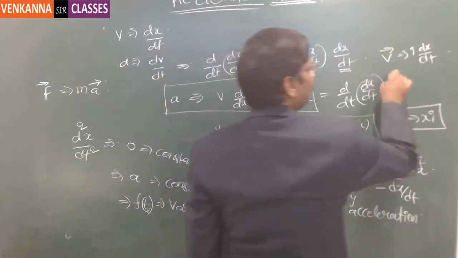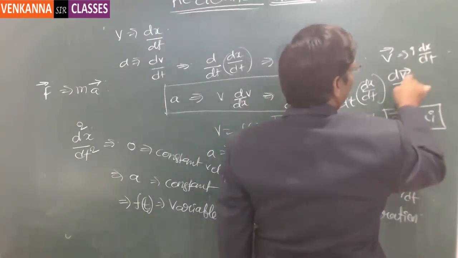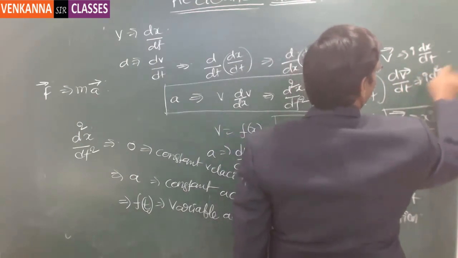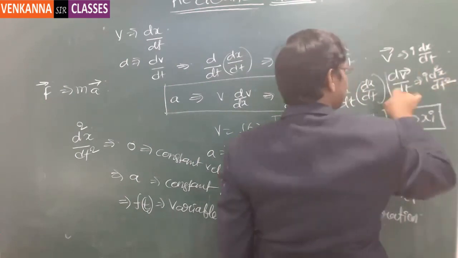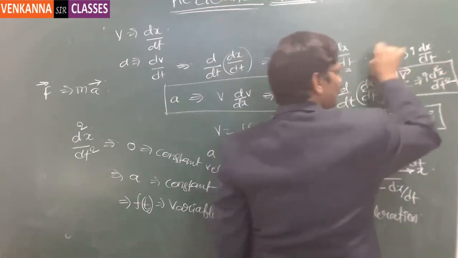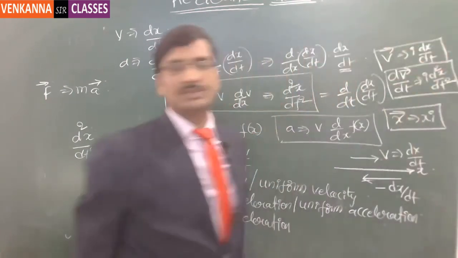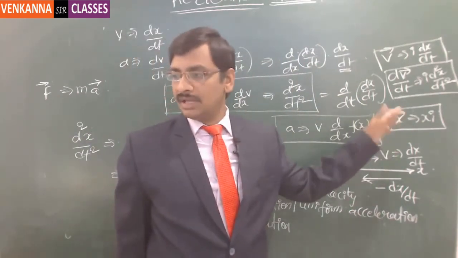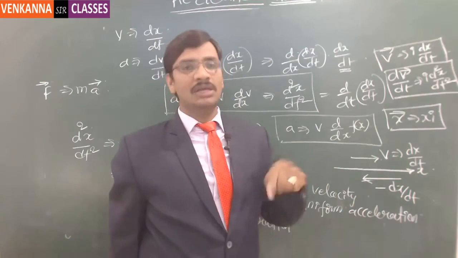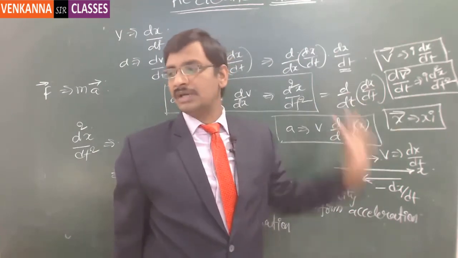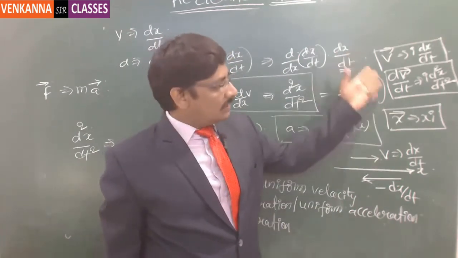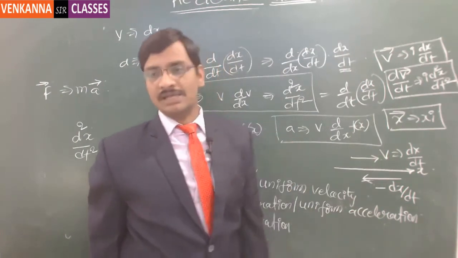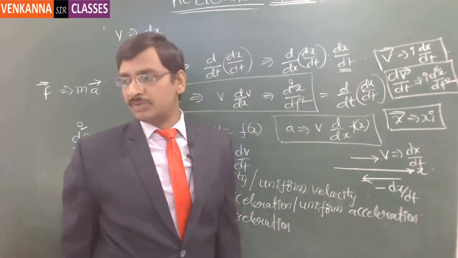If you take the derivative again, this is i into d square x by dt square. So the acceleration direction is also along the x direction, and then the force direction is also along the x direction. All the directions are in one dimension, everything is in the direction of x. Hence it is a rectilinear motion.